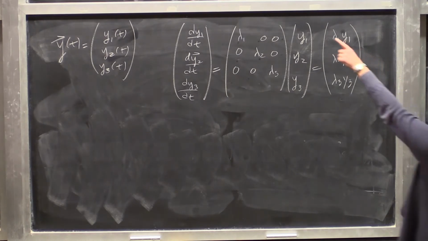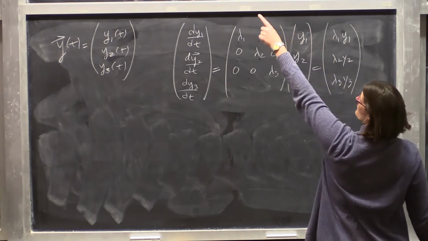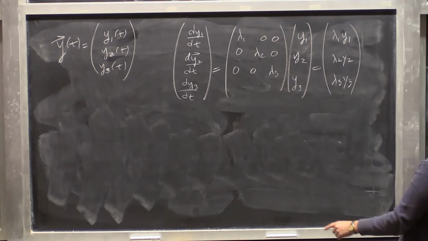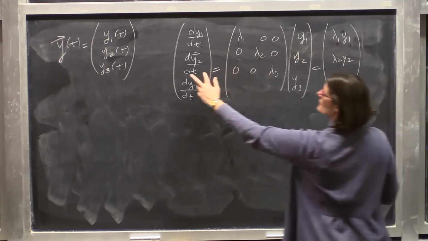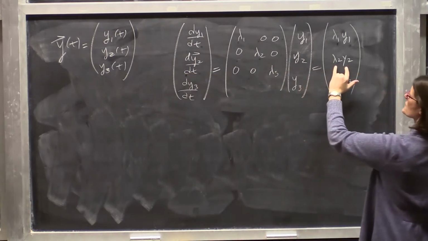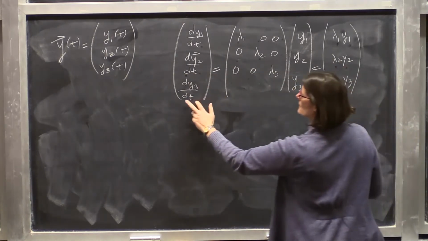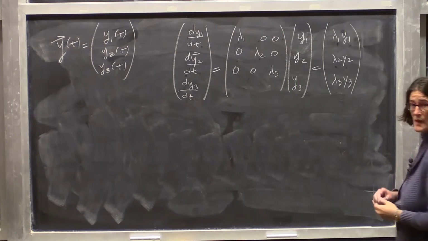So that system of differential equations is the exact same thing as dy1/dt equals lambda 1 times y1, dy2/dt equals lambda 2 times y2, dy3/dt equals lambda 3 times y3.